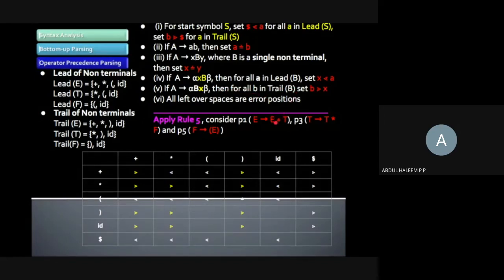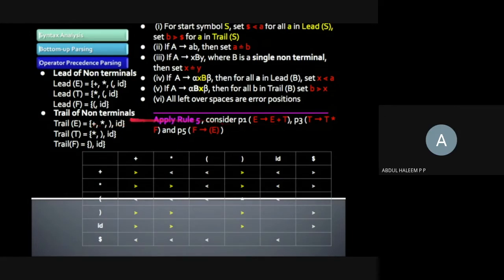Trail of B, E plus. So trail of B is trail of E, trail of E, not lead. Trail of E is greater than plus. See, E derives E plus T. Here E is B, and Bx is E plus. So trail of B is trail of E. Trail of E is greater than x.